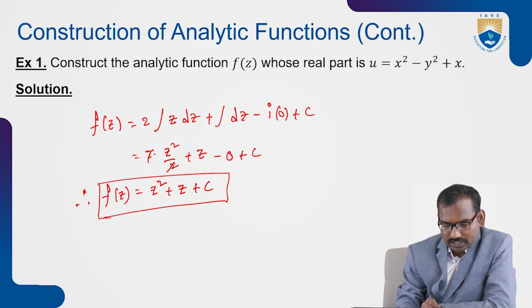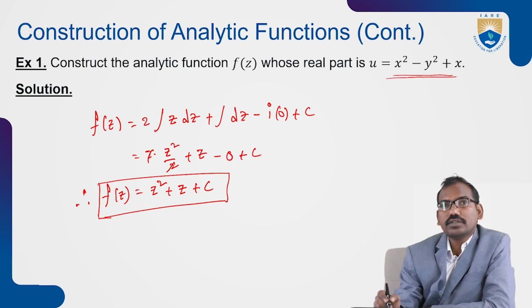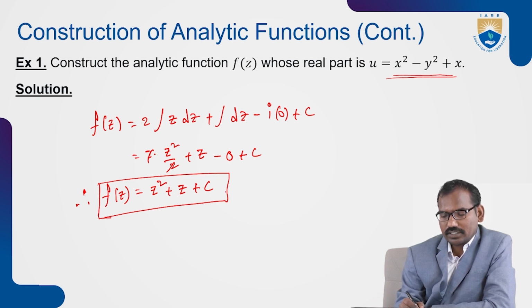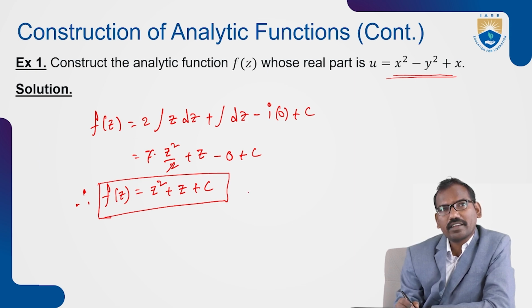This is the required analytic function whose real part is x square minus y square plus x. So for this function, the real part is this much. Here we are not evaluating v. Directly we are evaluating f of z. This is the beauty of this Milne-Thomson method.